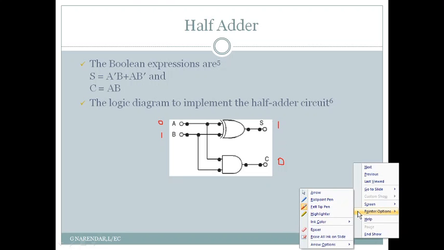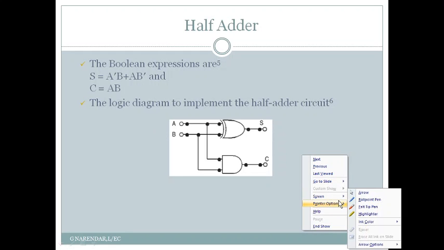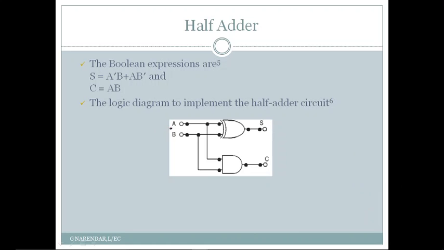Next, let's look at the third combination of bits that I want to add: I want to add 1 with 0.